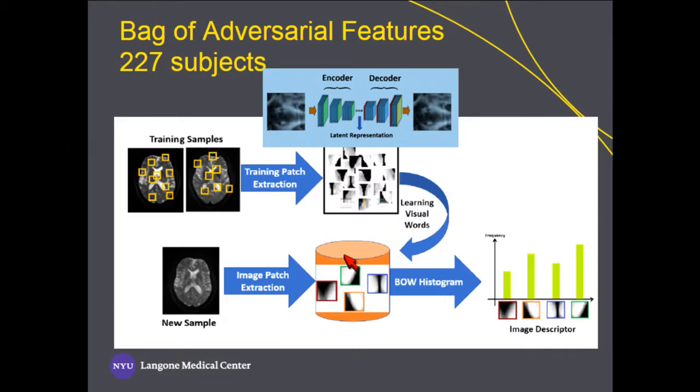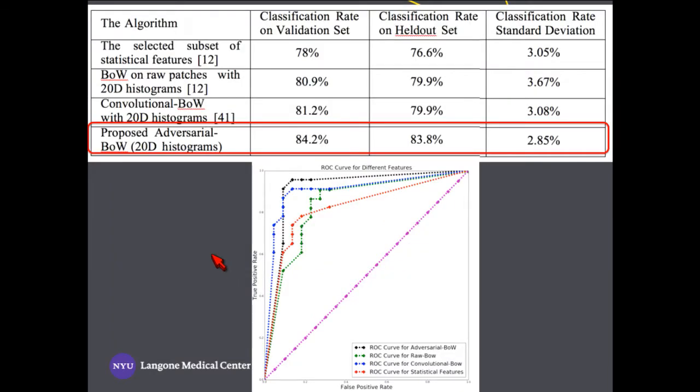And then you can see, well, how often do these certain words happen in different kinds of brains? And in fact, you can see that the ROC curve is quite good for this adversarial bag of words kind of approach. And this is also, machine learning-wise, a relatively small number of subjects, where we had, I think, 250 subjects in this experiment. And there's no overfitting.